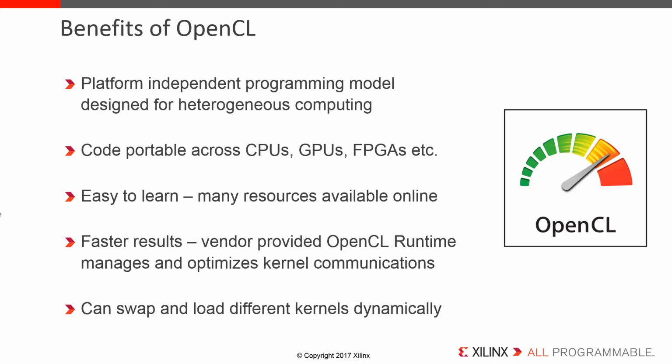This means that on F1, your application can start using the FPGA to accelerate a particular workload and on the fly, load a new AFI to accelerate a new type of workload. For all these reasons, OpenCL is a natural choice for the F1 platform. You'll be able to learn more about the OpenCL API later in this training series.